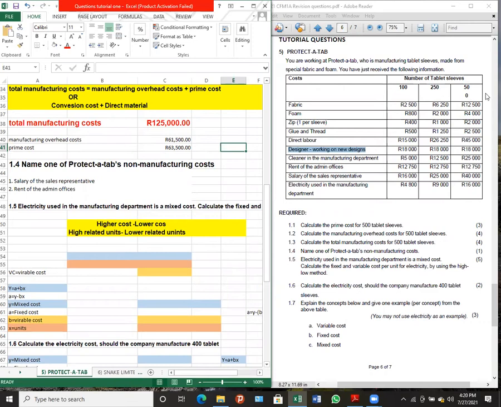Obviously, we know our high units is 500 units, and the lower one is 100. Let me start with units: 500 less 100. And then the higher cost, which one is the higher? It's 16,000. 16,000 less 4,800.